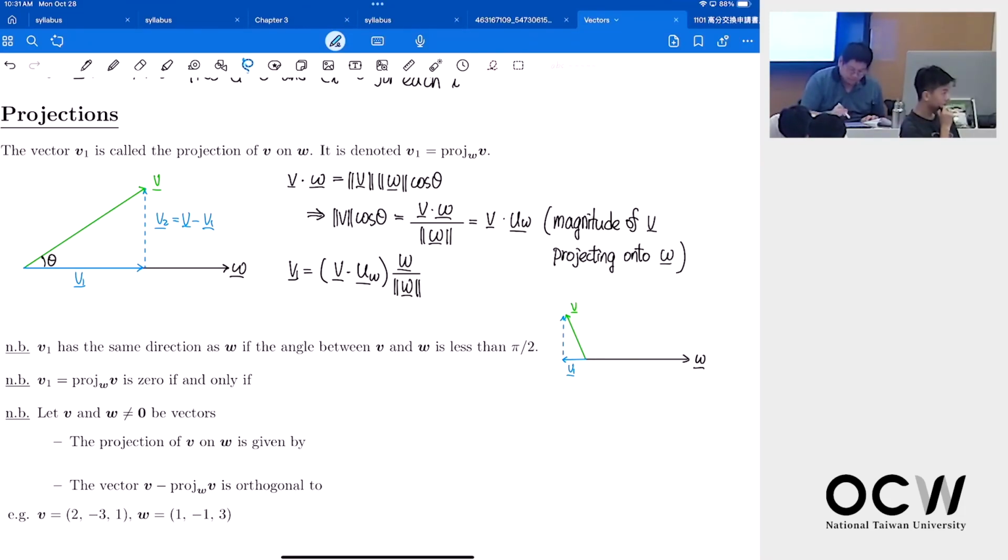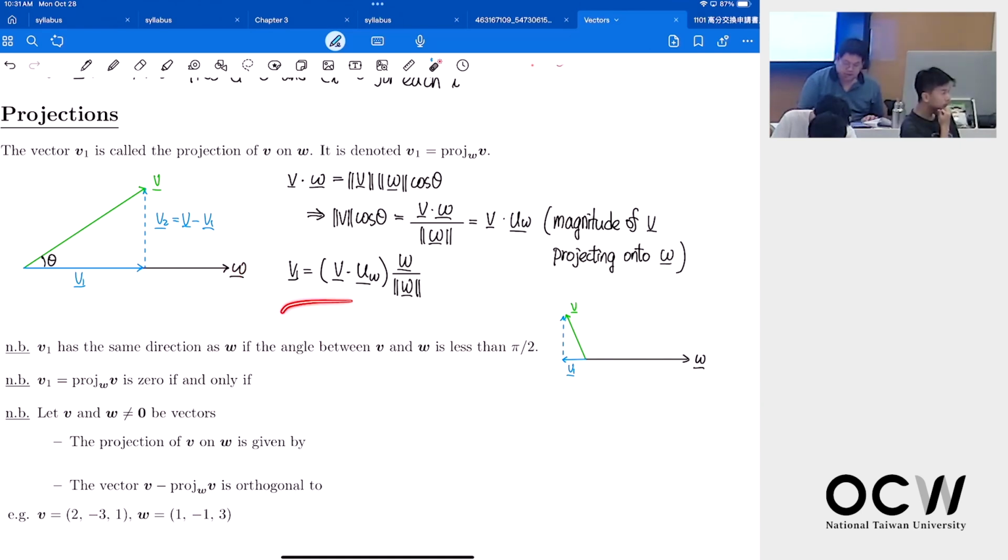And the vector v, we can express the vector v1 as a projection of the vector v on w. And this vector is a zero vector if and only if, what happens that we don't have a projection on w.